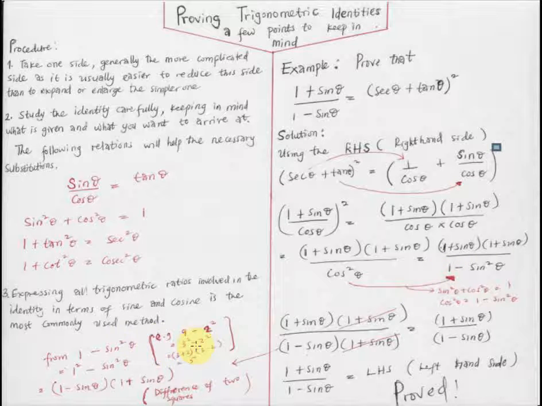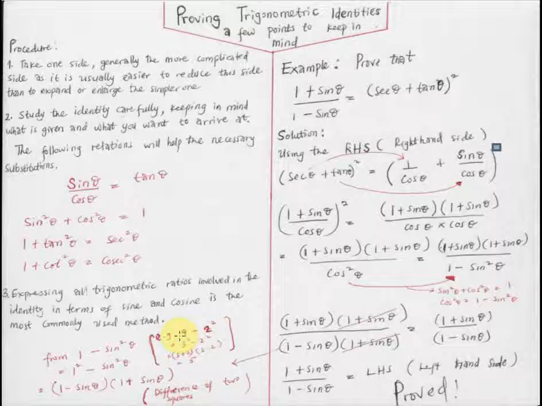So we can write 1 minus sine squared theta as 1 square minus sine squared theta, because 1 square is the same thing as 1. Now look at this brief example. 9 minus 4 we can rewrite as 3 square minus 2 square, because 3 square is the same thing as 9, and 9 minus 4 is 5.